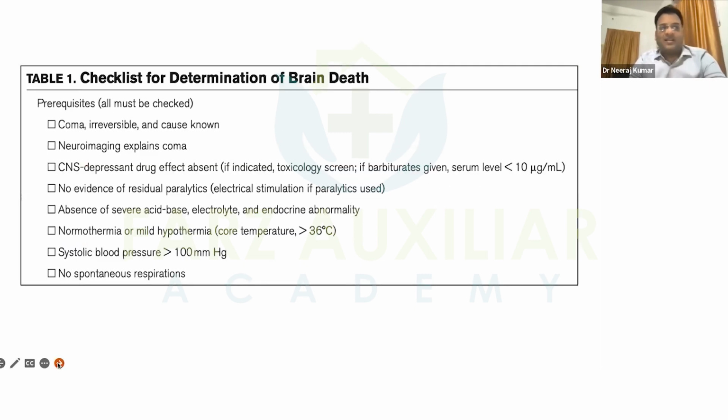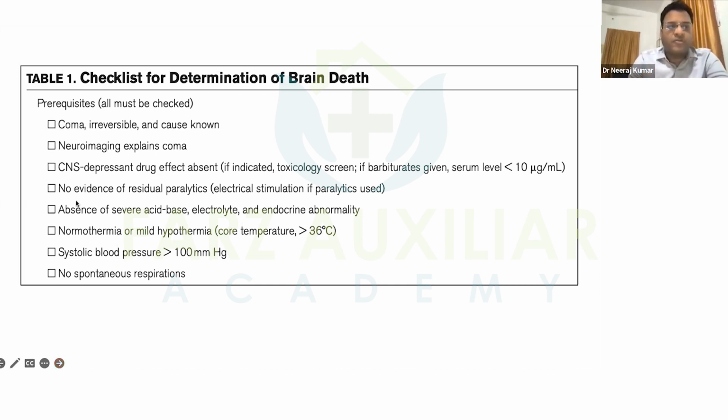The reason is this: the checklist for determination of brain death, because every time I was pressing upon the prerequisites, because there are 3 parts: prerequisites as well as the various other criteria for declaring brain death, like apnea test is another part, then prerequisite. So I thought that I should keep questions for prerequisite only.